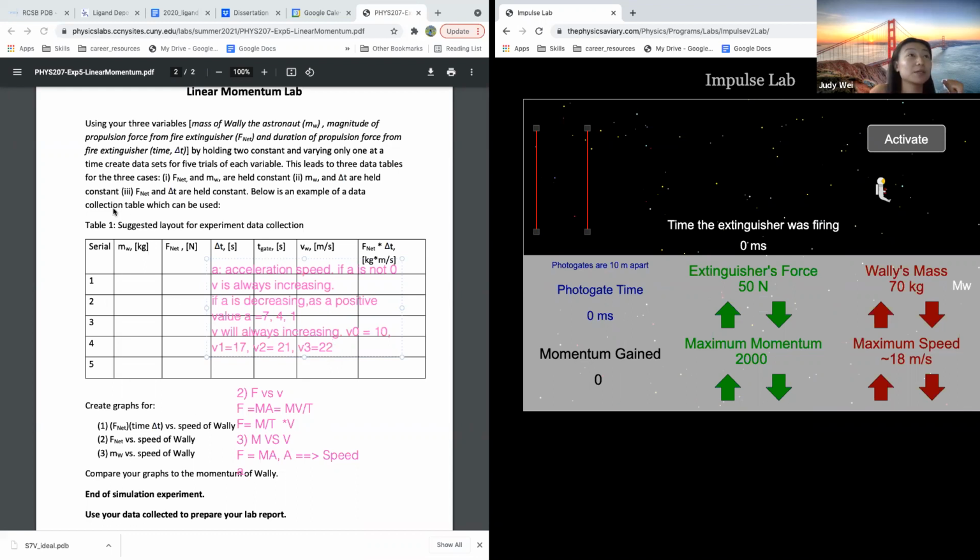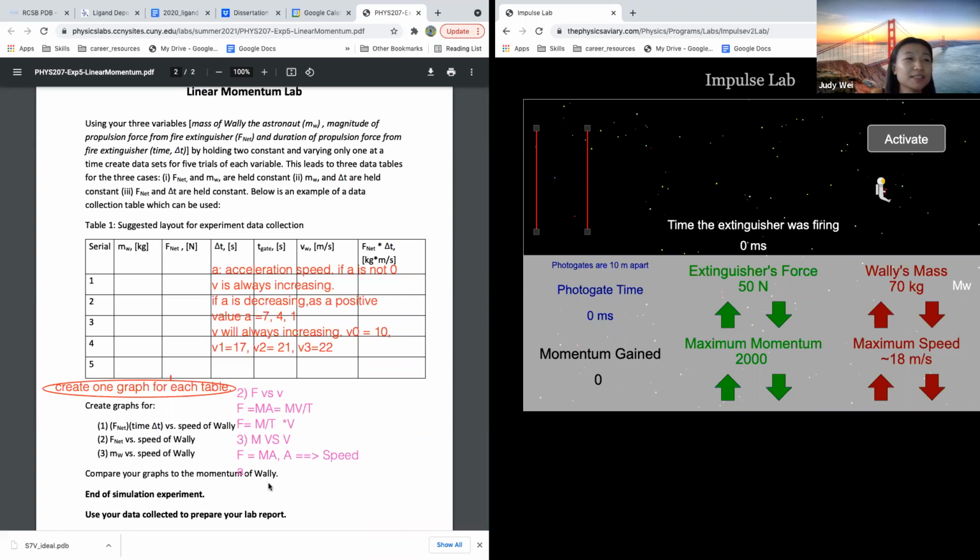Okay, just make sure you can see that. Then you compare your graph to the momentum value.